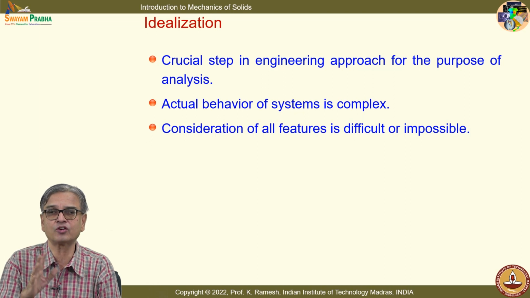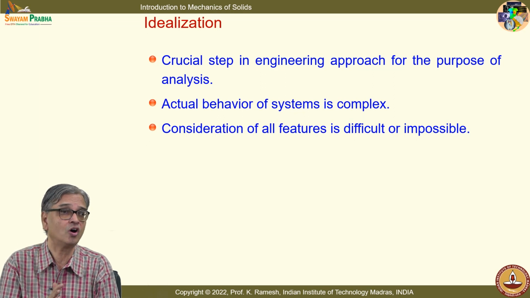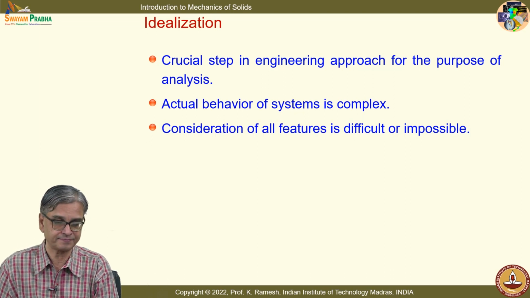Those aspects that are primarily important for the phenomena under study, you would like to capture. And what is the way that you can be satisfied that the mathematical model is sufficiently representing the physical phenomena? The only way is it should satisfy the observations or experimental measurements.